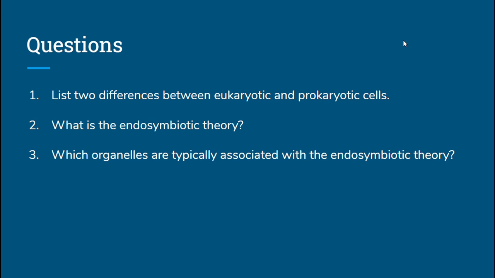So it suggests that many organisms may have evolved into one organism after creating a symbiotic relationship with each other. Organelles that are typically associated with this theory are chloroplasts and mitochondria, and we can see that because they are able to produce their own food.